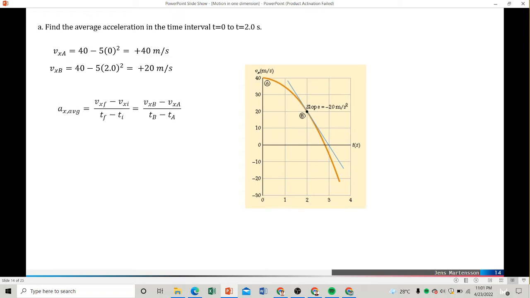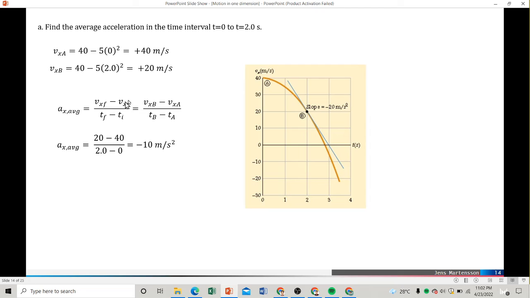Next, we have to calculate the average acceleration using the formula that we discussed before, that is Vxf minus Vxi over tf minus ti, or it can also be represented in terms of A and B: Vxb minus Vxa over tb minus ta.